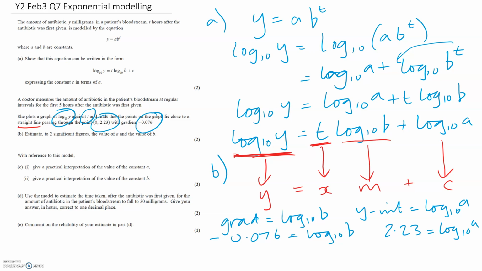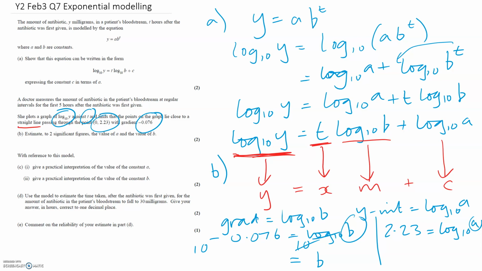So we need to get b on its own, and a on its own. To get rid of log to the base 10, we can just do 10 to the power of both sides. So if we do 10 to the power of the left hand side and 10 to the power of the right hand side, this will cancel with this, and we'll be left with b on its own.